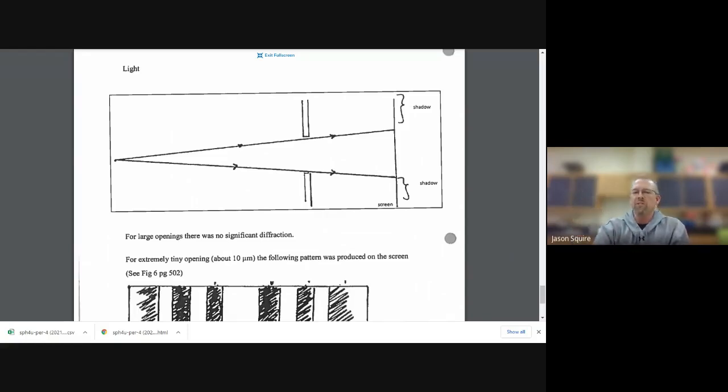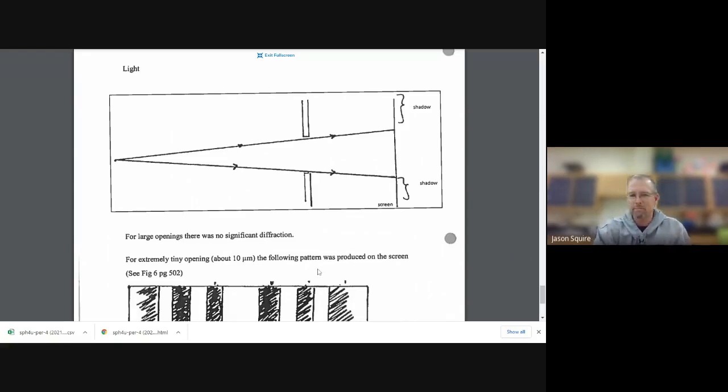We get significant diffraction when the slit width is really small. Tiny, tiny, tiny openings in micrometers, right? For a tiny obstacle like your hair, a piece of human hair, that would be an obstacle that you would get diffraction around. But in everyday life, we don't see significant diffraction with light.